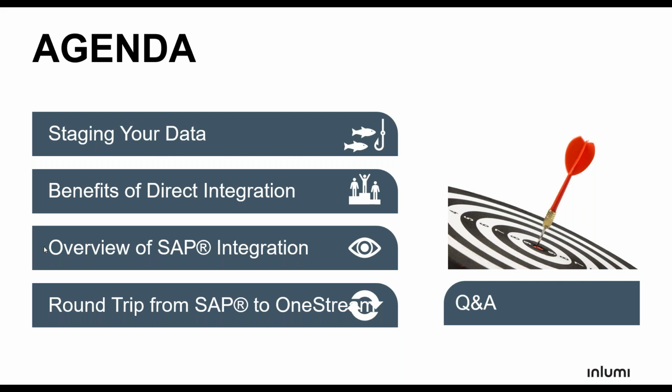And I will show you an example to have a round trip from SAP to OneStream. So load data from SAP into OneStream and then navigate back from OneStream to SAP to see the details. Okay, and as I said before, any question, just please feel free to type them in the chat, and we'll go through that after the topic.